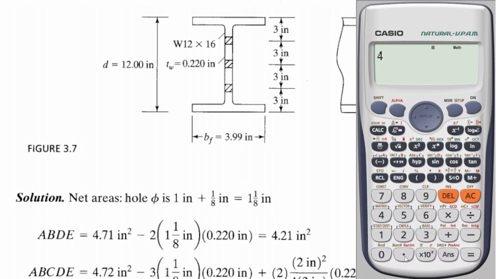So 4.71 minus 2 holes. 4.71, the unit is already square inches. 4.71 square inches minus 2 times 1 and 1/8, which is 1 plus 1/8, multiplied by 0.22, and press equal.